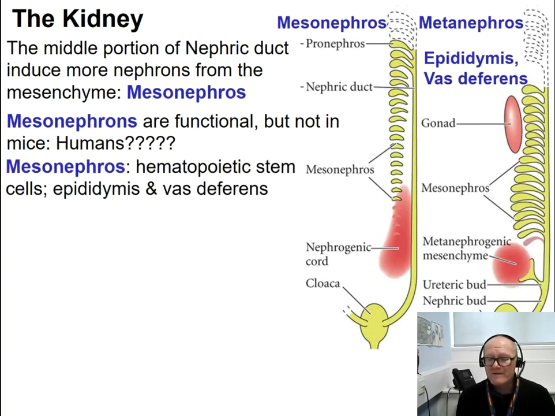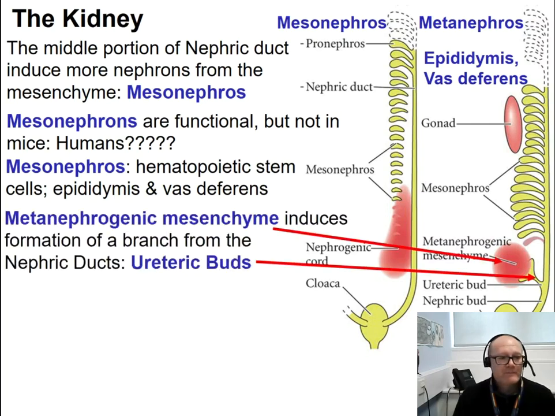They are a source of hematopoietic stem cells, which are important for the development of blood cells later on. And the mesonephrons develop into the epididymis and vas deferens, which are the tubes that connect the testes to the urethra, so they are where the sperm can move.